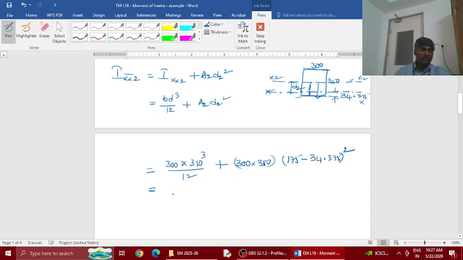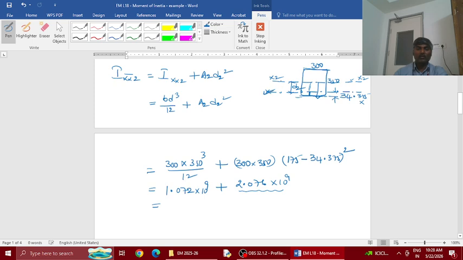Working out for these values, I'll write the individual values first. 1.072 into 10 power 9 is the first value, plus 2.076 into 10 power 9 is the second value. What we call this is a transfer term, because you want the moment of inertia about this line.